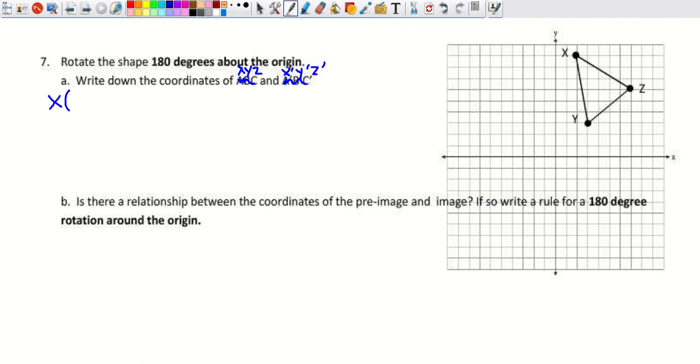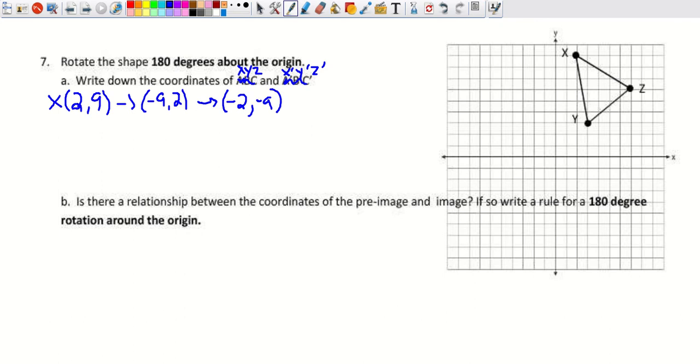All right. So X is the coordinate 1, 2, 3, 4, 5, 6, 7, 8, 9. This is the point (2, 9). And then since I'm doing two 90-degree rotations, I need to do two swap and opps. This is going to become, with swap and opp, (-9, 2). And if I do it again, swap and opp, so I switch them and negate the first, it is (-2, -9).